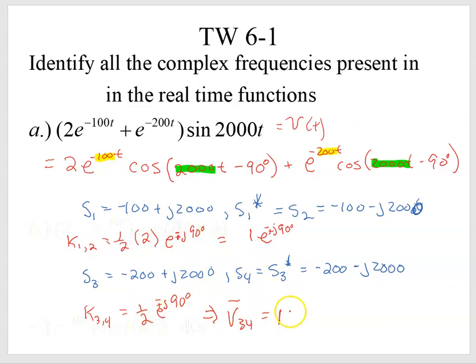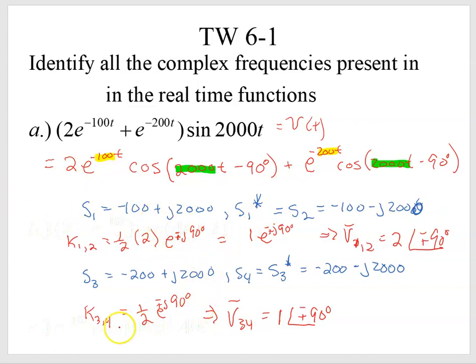It's going to be twice the K, so it'll be 1 angle minus plus 90 degrees. And the two phasors 1, 2 are going to be equal to 2 angle minus plus 90 degrees. All right, so that's for A.